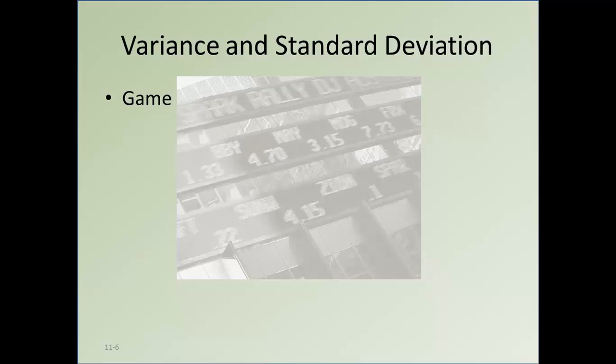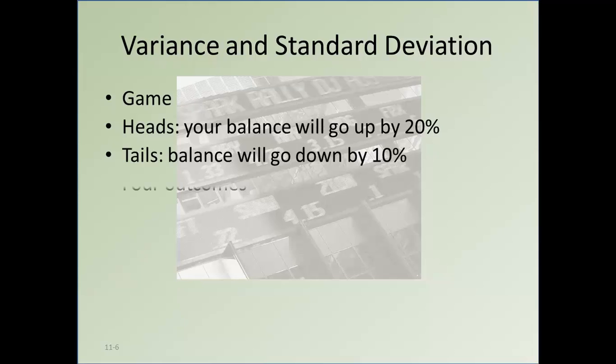So let's play a game first in order to understand these two concepts. In this game, if we toss a coin and we get heads, then your balance will go up by 20%. So if you had $100, you would end up with $120. If it's tails, your balance will go down by 10%, which means if it was $100, it would go down to $90.